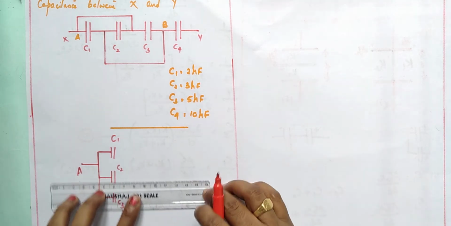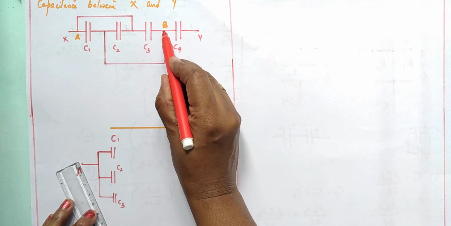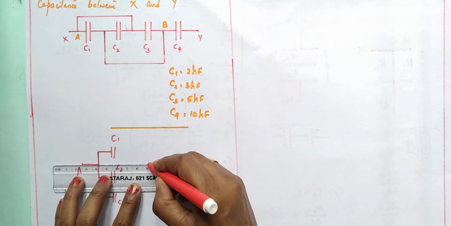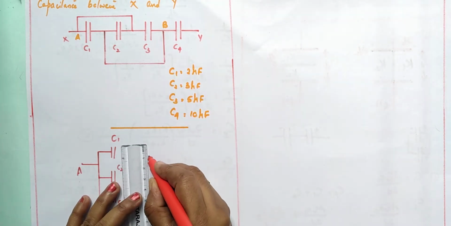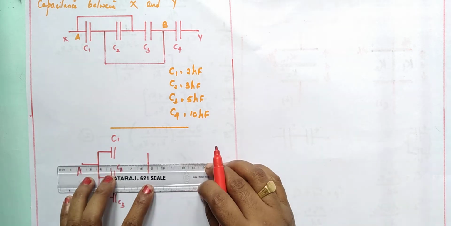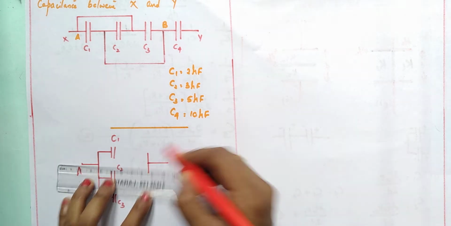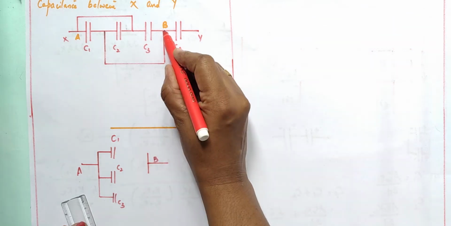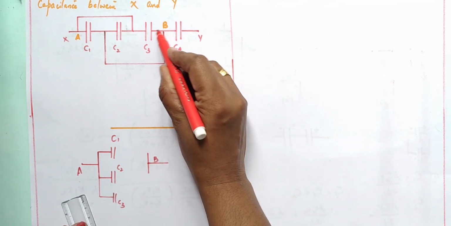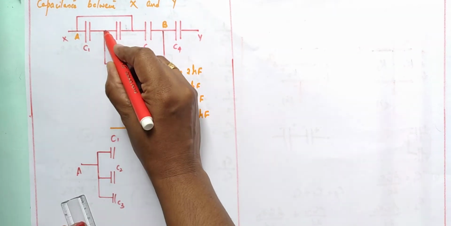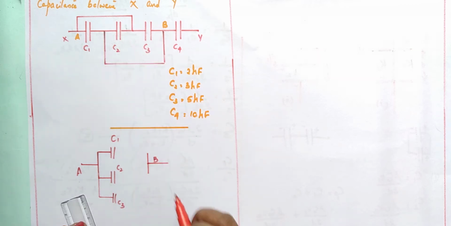Okay children, then if you consider point B, this is the point B. The point B is connected to C3, to C1 and to C2.